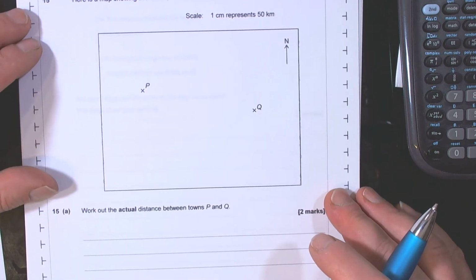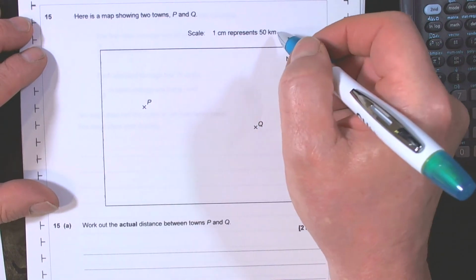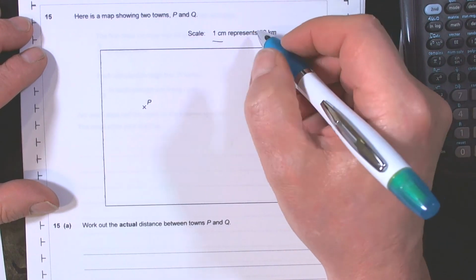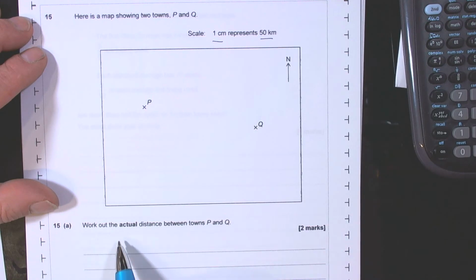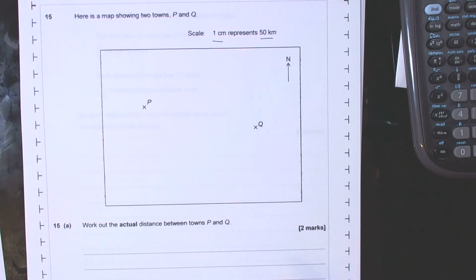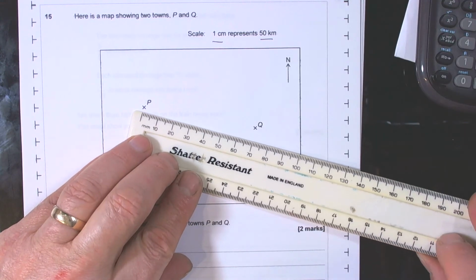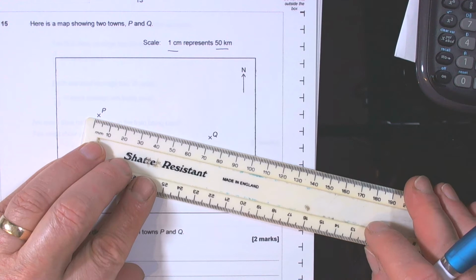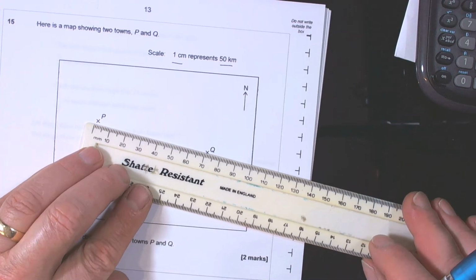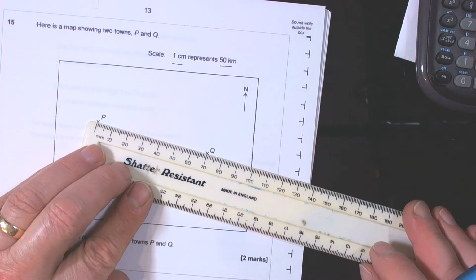Alright, so we've got a map, and it's telling us that 1 centimetre represents 50 kilometres. Okay, so it wants you to work out the actual distance between P and Q. So that means getting your ruler and being very careful to line up your 0 and measure that distance as accurately as you can.